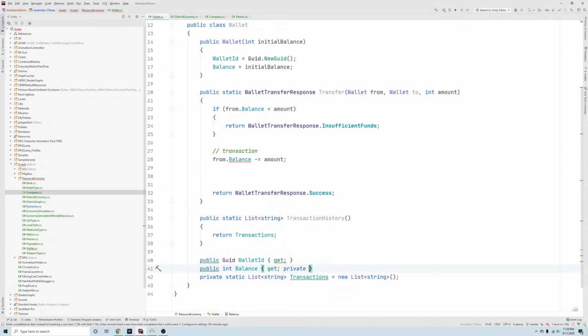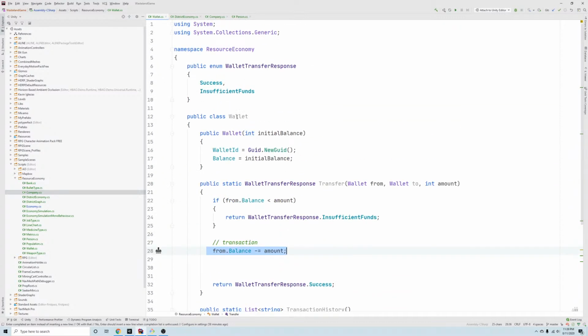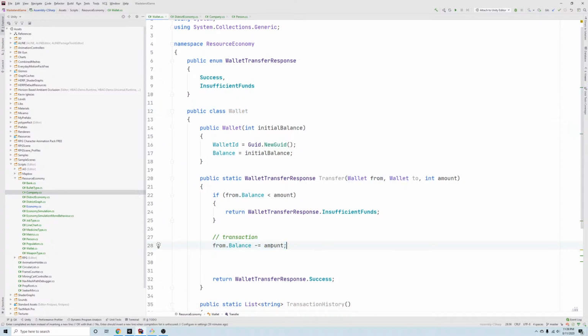So I think a private setter should work here because I don't want anyone else, or any code outside of this class, to be able to change this value.